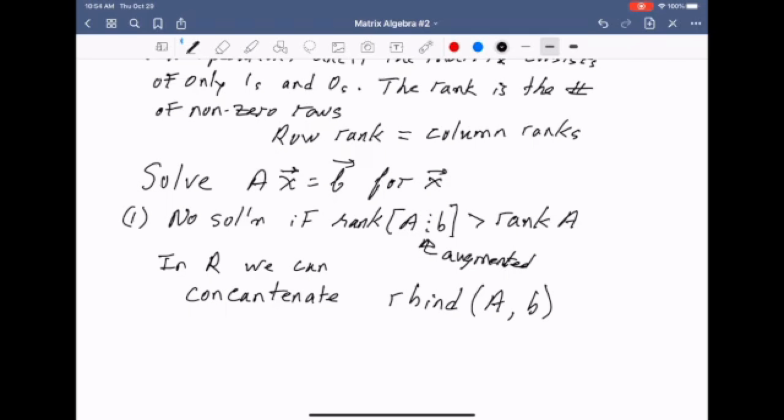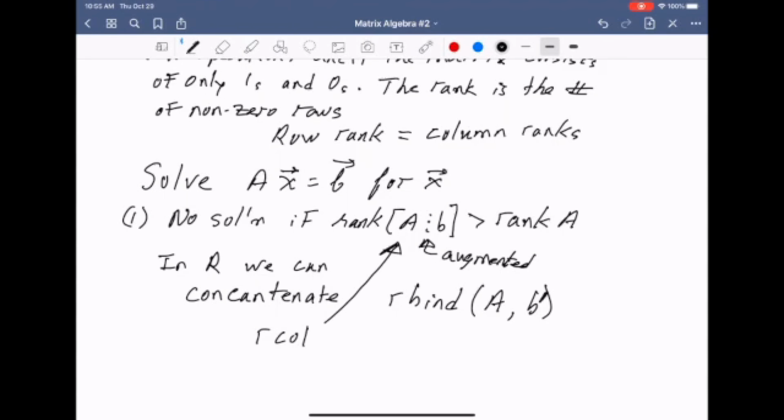Not necessarily, because B is a column vector, so you'd have to turn B into a row vector, which is 3 by 1 as a column. So let's put a prime there to indicate the transpose of the B vector. So now it's a row vector. Then it works.